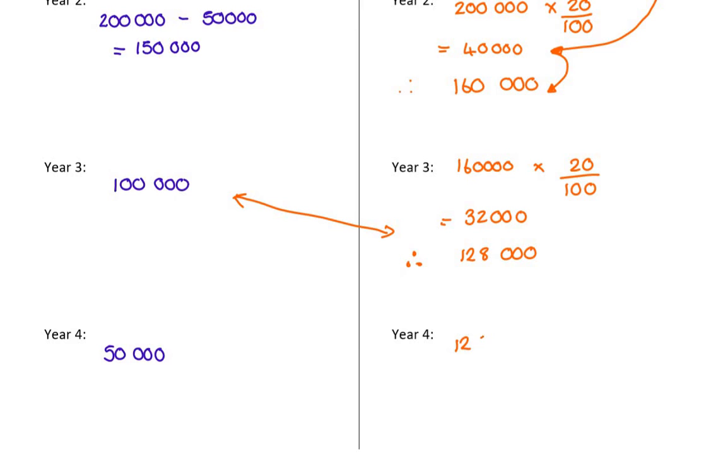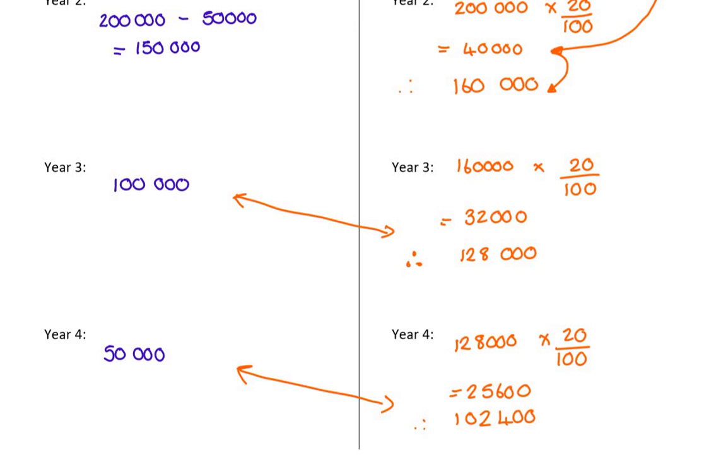So in my final year, it's 128,000 times 20% for depreciation, and that is 25,600. And so finally, when I subtract that off, I get that the book value of my van is now 102,400 Rand. And again, you'll notice how much more my book value is on this type of depreciation.